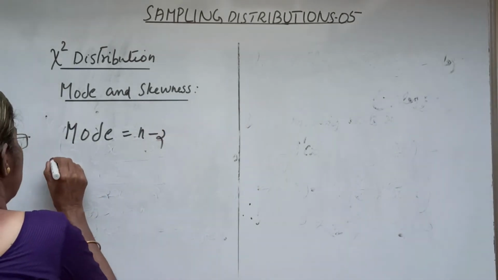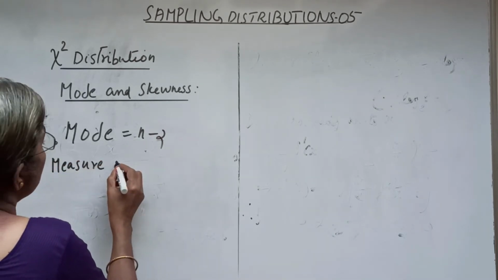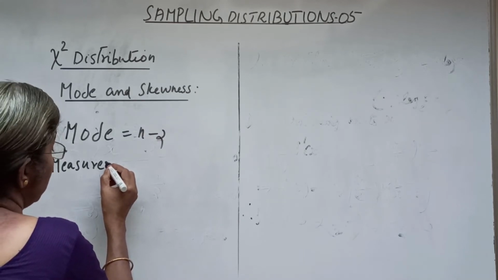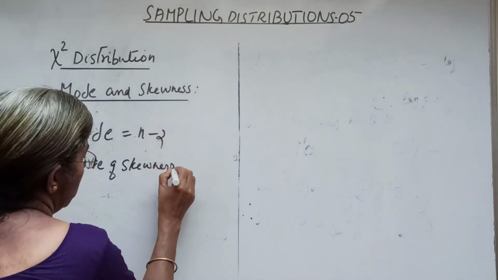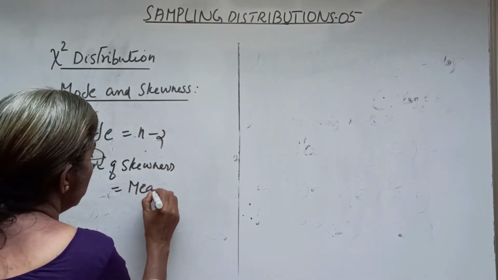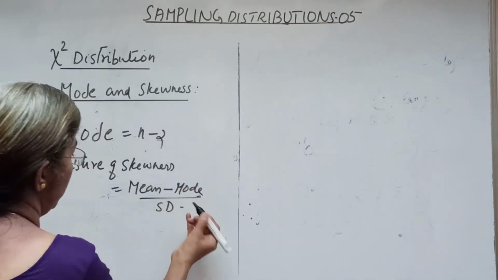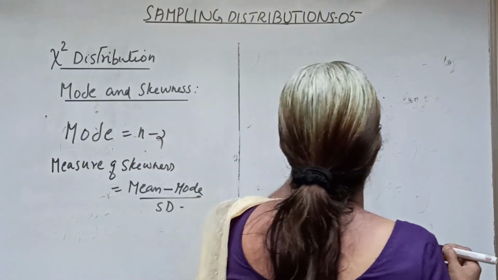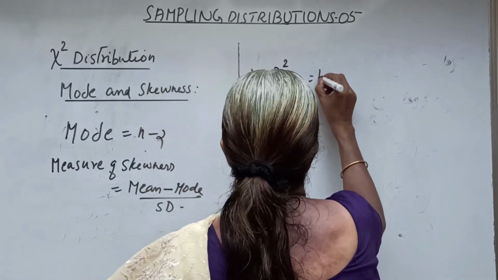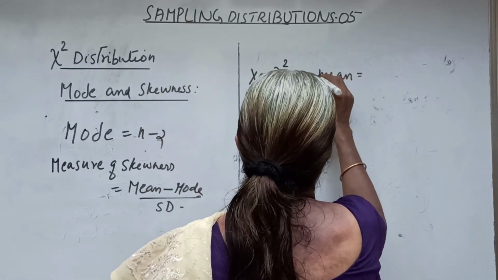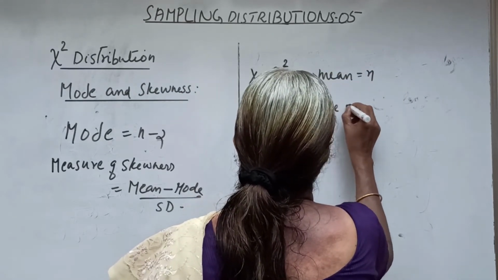Now we can obtain skewness. Measure of skewness can be obtained using the Karl Pearson measure of skewness, equal to mean minus mode divided by standard deviation. As we know, x follows chi-square n implies mean equal to n and variance equal to 2n.